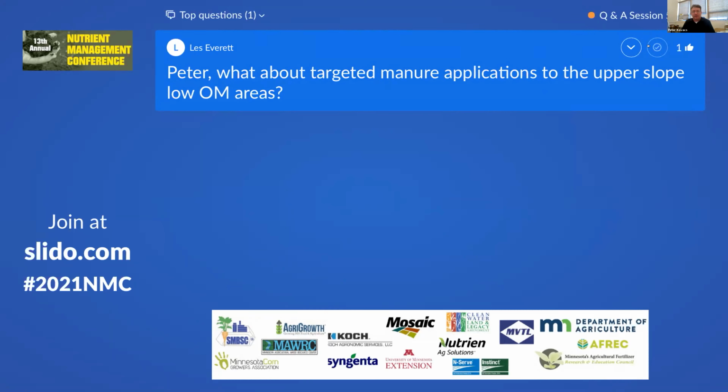In theory, it would make sense to me. What I would caution the producer or the advisor about is how we apply that manure. If we want to capture all the nutrients, it would require incorporation or injection. And if we are already in that upper slope area, how much extra erosion potential would we create, or how much would we increase the likelihood of erosion for that part of the field?